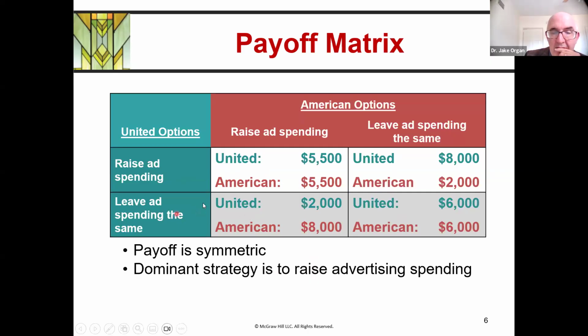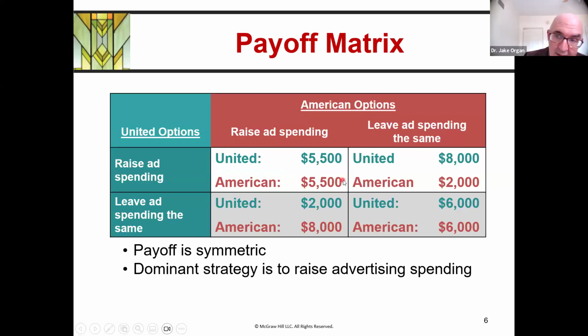So if United raise ad spending and American raises ad spending, United are going to earn 5,500 as opposed to 2,000. And if they raise ad spending and American leaves ad spending behind, they're going to earn 8,000 as opposed to the 6,000. So in both cases, whatever American does, United has a dominant strategy of raising ad spending.